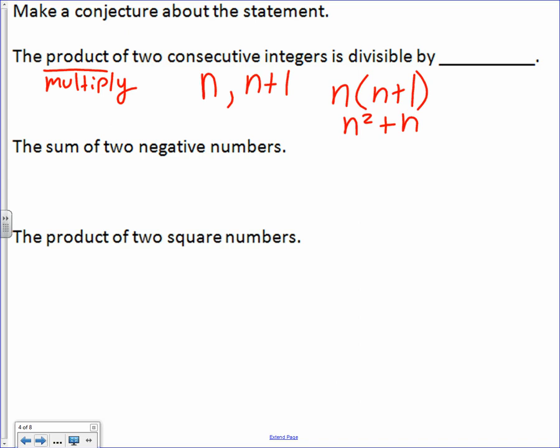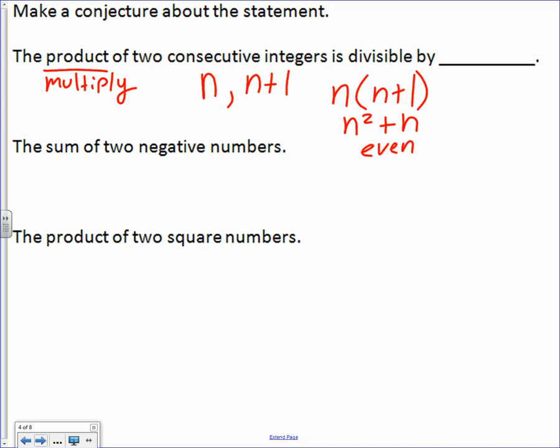If it's even, we would have an even number squared, which is even, plus another even, which gives you another even number. Or n could be odd, and we would have an odd squared, which is still an odd, plus another odd, which always gives you an even. So no matter what, this is going to come up with an even number.